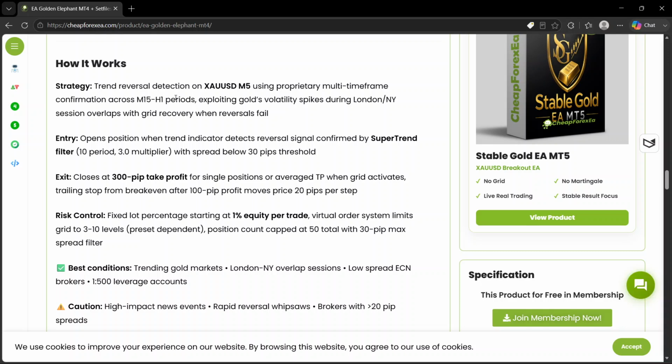According to them, once it spots what it thinks is a good reversal level, it opens a position, and if price moves against the initial trade, it starts a grid of orders. This reversal signal is confirmed by the SuperTrend filter. If you are a long time viewer, you know I have done a video on this.